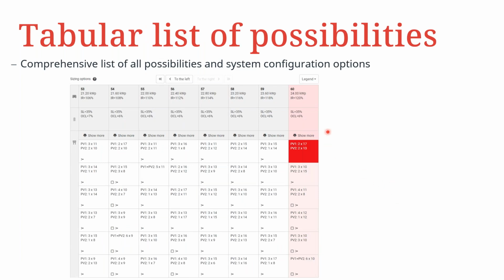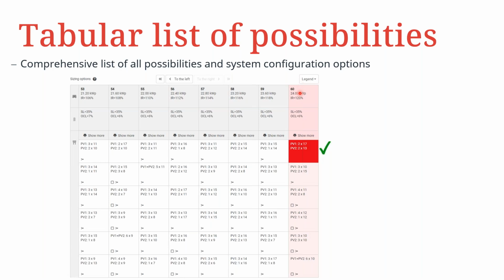So what we have arrived at is a list of possible configurations for this simulation. Per the Solar Creator, we have a potential use at an inverter ratio, meaning the DC to AC power ratio, of about 120%.